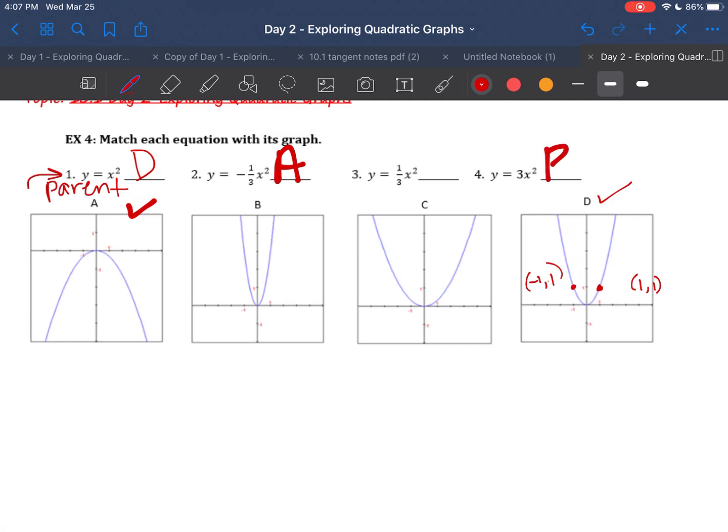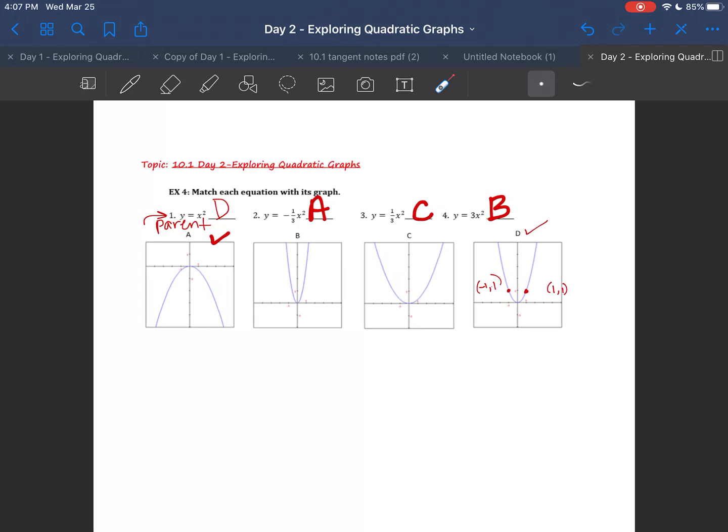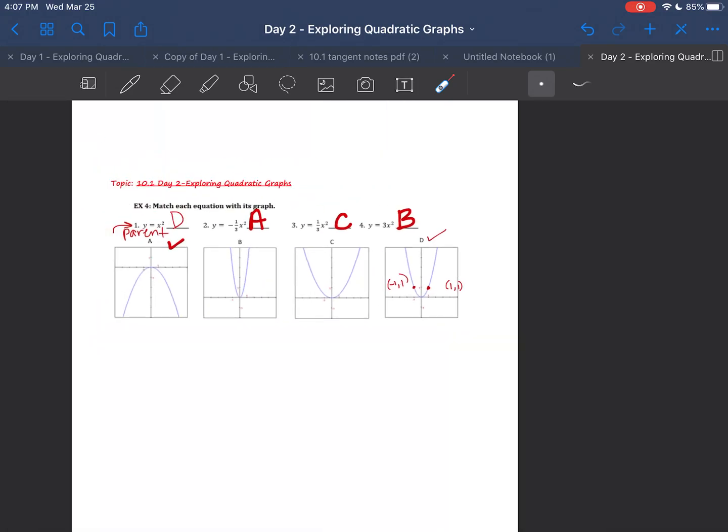So I am going to put B with number 4, which means when the absolute value of a number is between 0 and 1, it is going to be real wide. Those would be our 4 matching problems, and that is all based on properties of that A value.